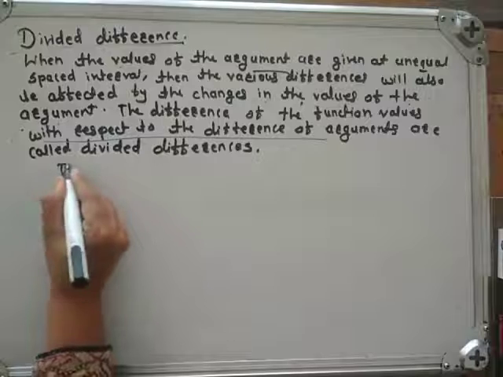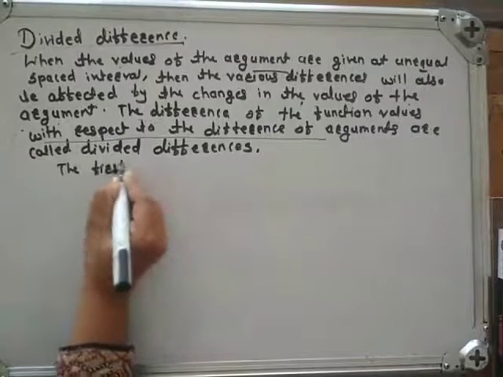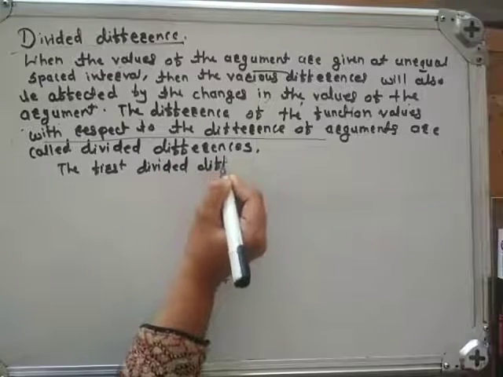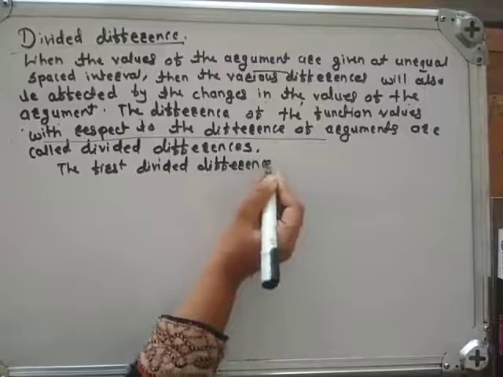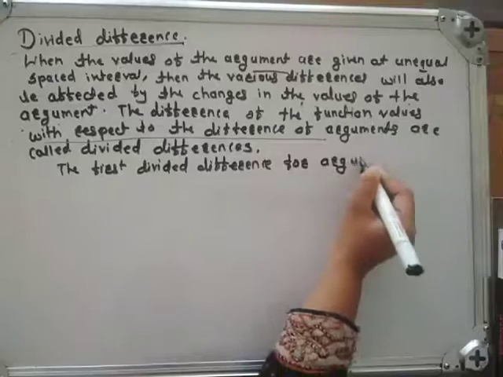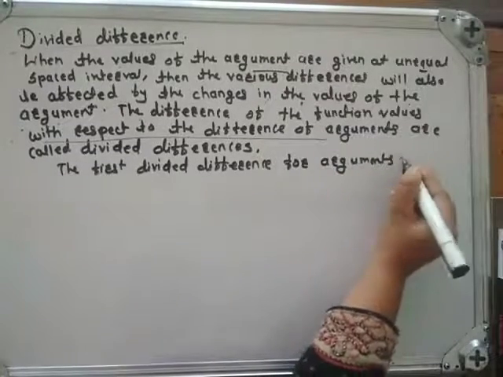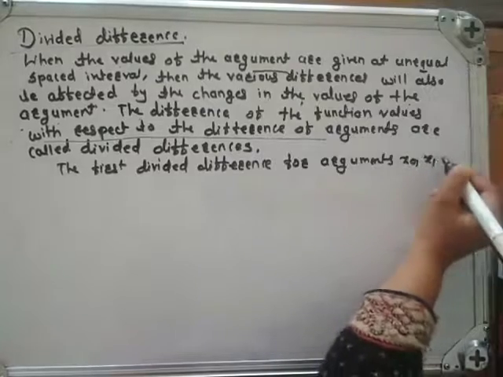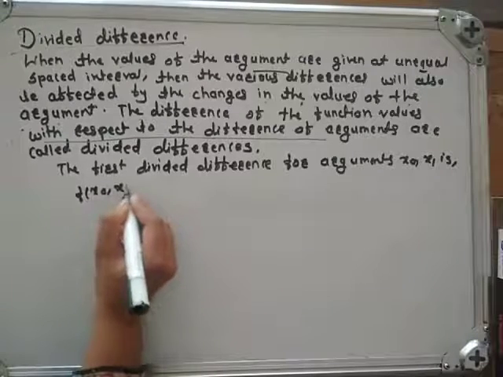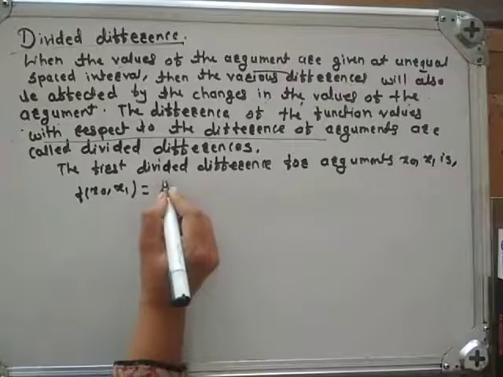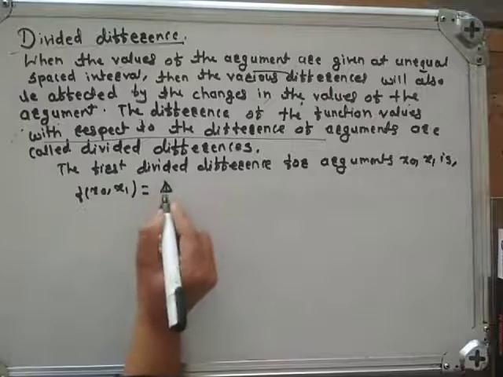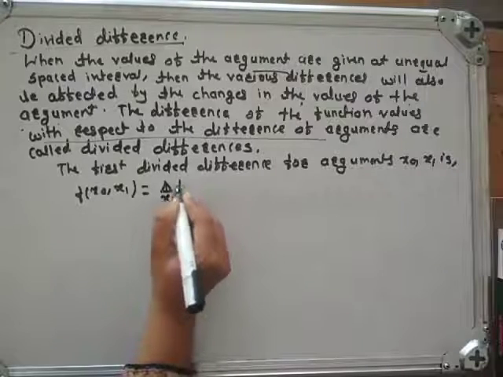So the first divided difference for arguments x0, x1 is f of x0, x1, which is the first divided difference for x1 and x0.